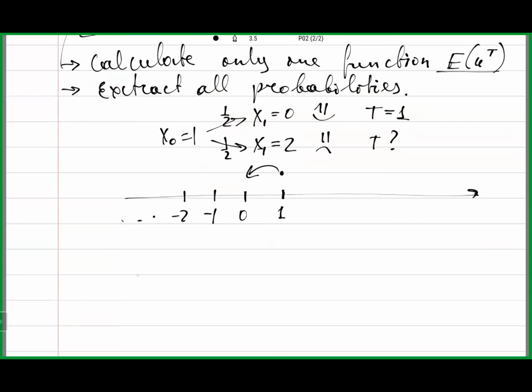Let's think a little bit what changes if I'm at position 2. So let's analyze this tough case first. We start at 2, and our home is at the point 0.